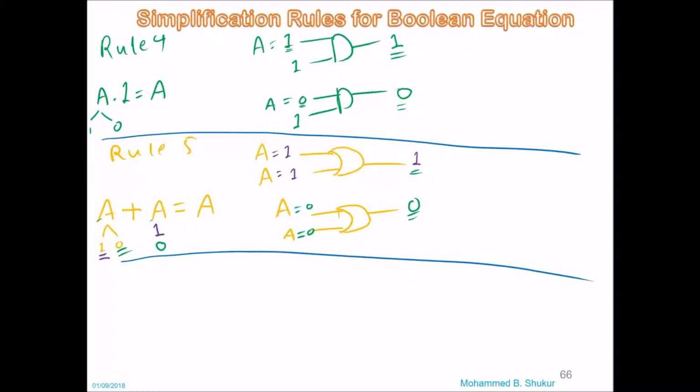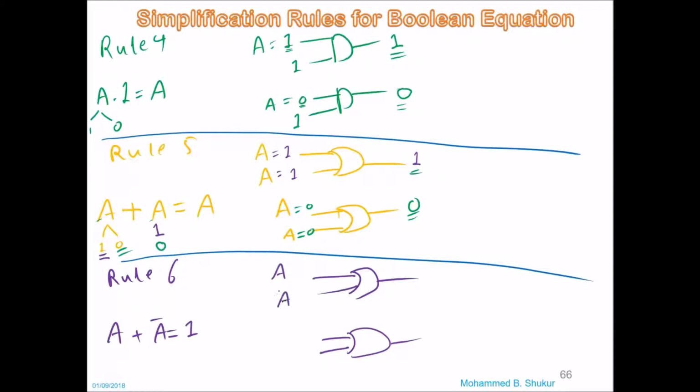Now we have rule number 6. In rule number 6, we have A or A bar equal 1. Okay, let's experiment this case. I have two inputs. The first one is A, and the second one is A bar.